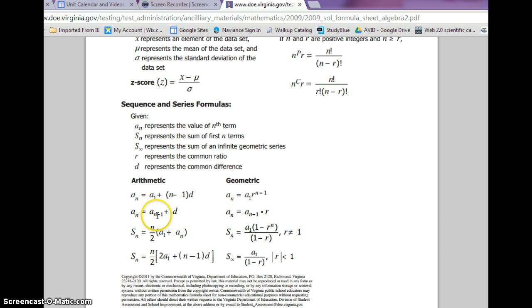But the a sub n one, this second one here is called the recursive formula. A sub n equals a sub n minus 1 plus d. Because all it's doing is taking the previous number and adding the same difference. So d represents a common difference, as it says right up here to remind you. So we're going to use this formula, the second one right here. A sub n equals a sub n minus 1 plus d.